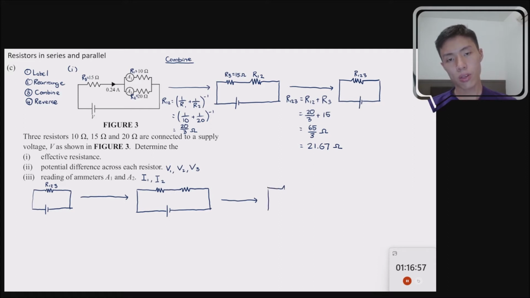Again, don't worry too much about where the ammeter is. We just need to know what they are measuring. Then later when we get the value, we will just see that it's a reading of the ammeter. We don't need to draw back where the ammeter is.